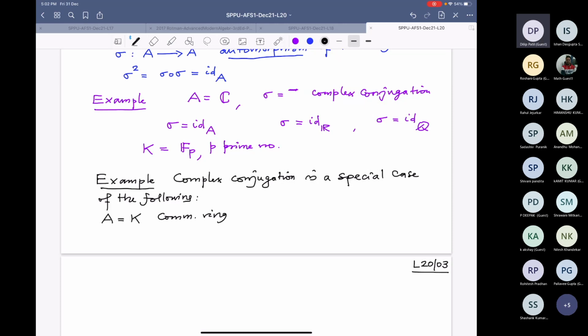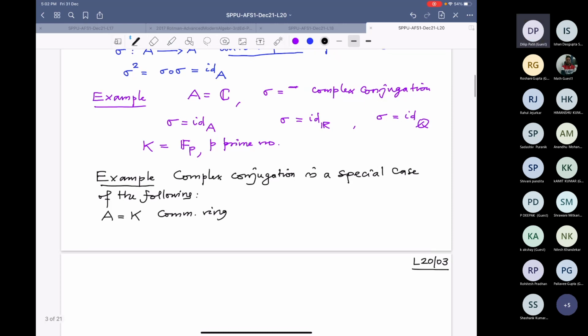And B a quadratic algebra over A, over K. Now, you may not know this, but of course you know it without knowing the name.